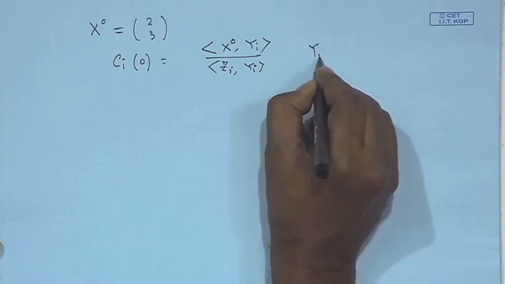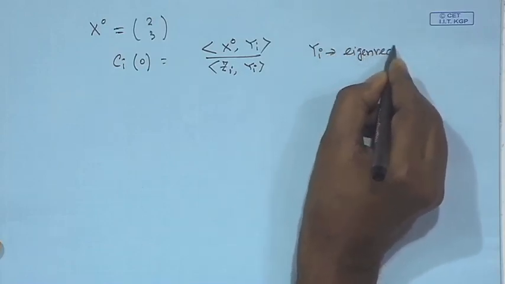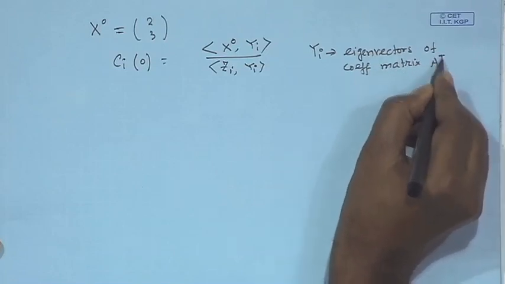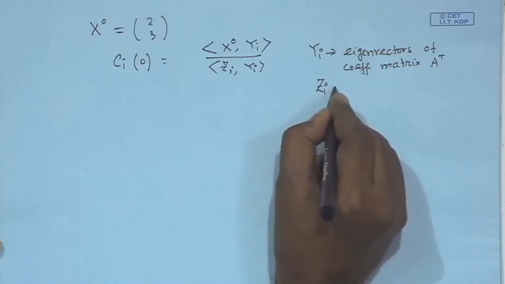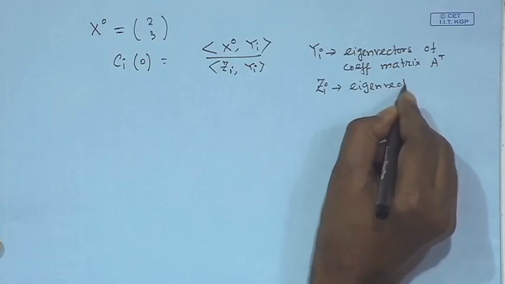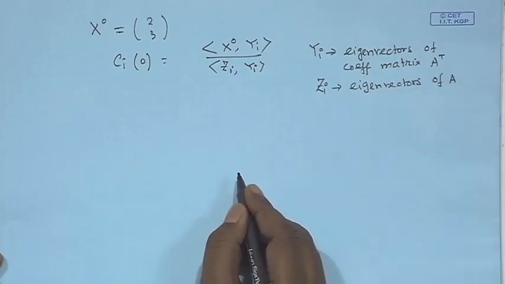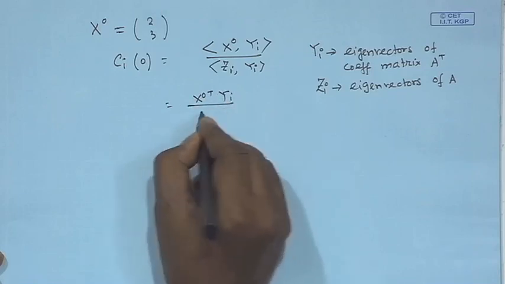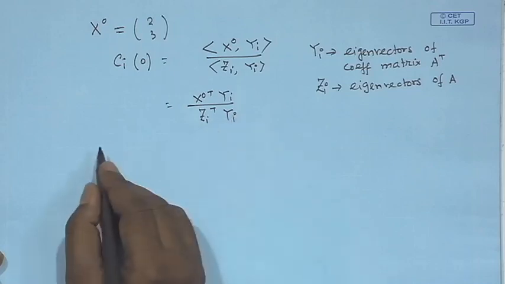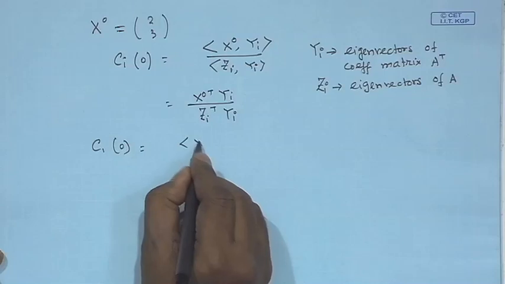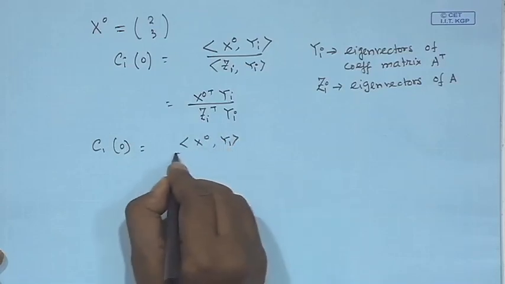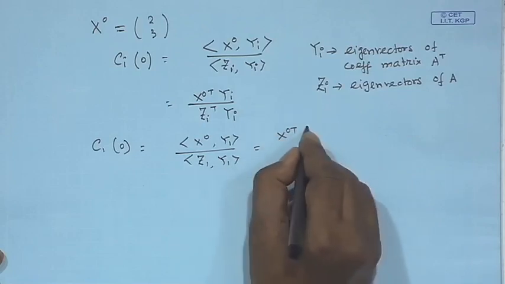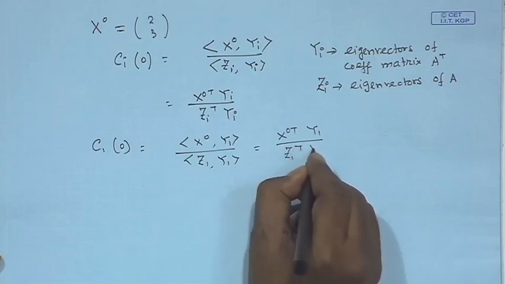If you remember, the y i's are the eigenvectors of the transpose of the coefficient matrix, A transpose, and the z i's were the eigenvectors of A. So this is x 0 transpose y i divided by z i transpose y i, and C 1 0 becomes x 0 transpose y 1 divided by z 1 transpose y 1.